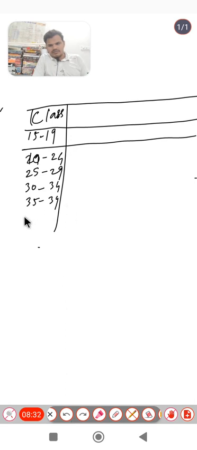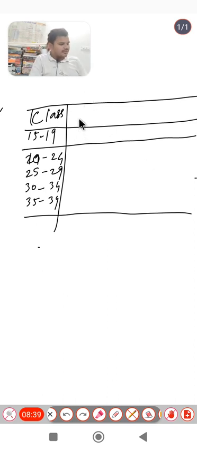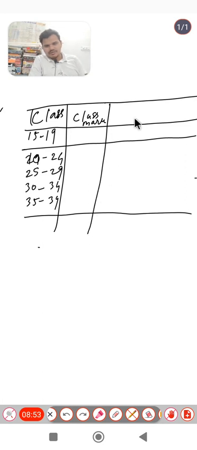So these are the values given. Okay, now we have the class mark. First of all, we have to calculate the class mark, then the frequency, which is the number of workers.